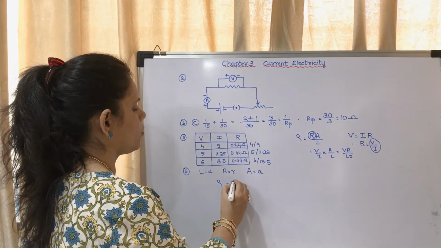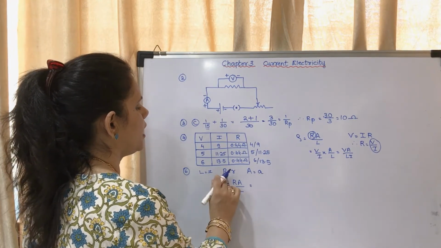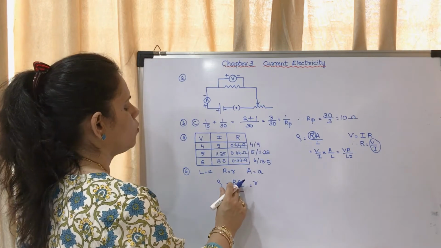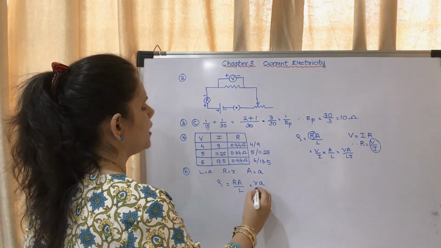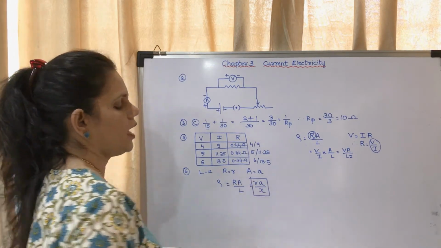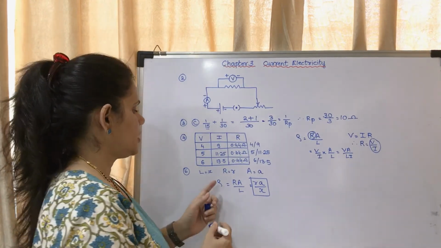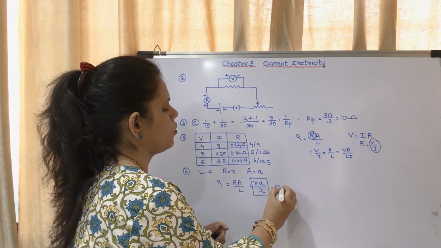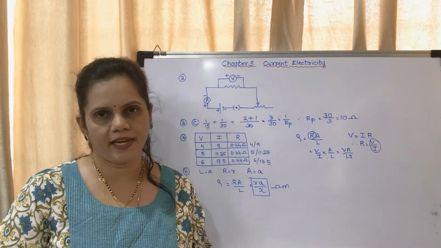Resistivity rho is equal to RA upon L. What is R? R is small r. What is A? A is small a. And what is L? L is X. So what is the answer? The answer is RA upon X. What is its unit? The unit of resistivity is ohm meter. So the unit will be ohm meter.